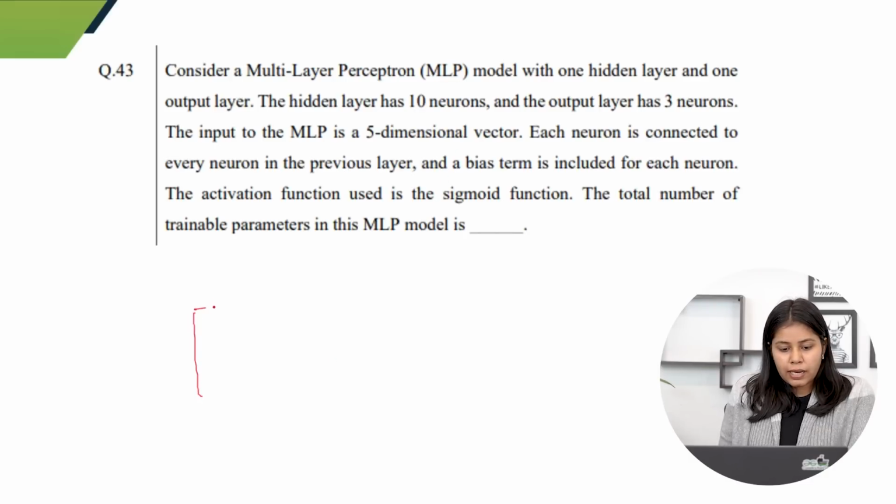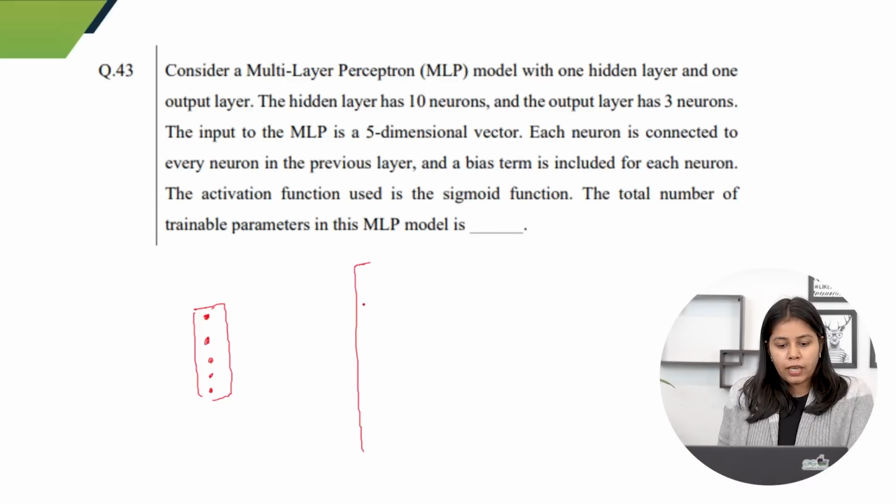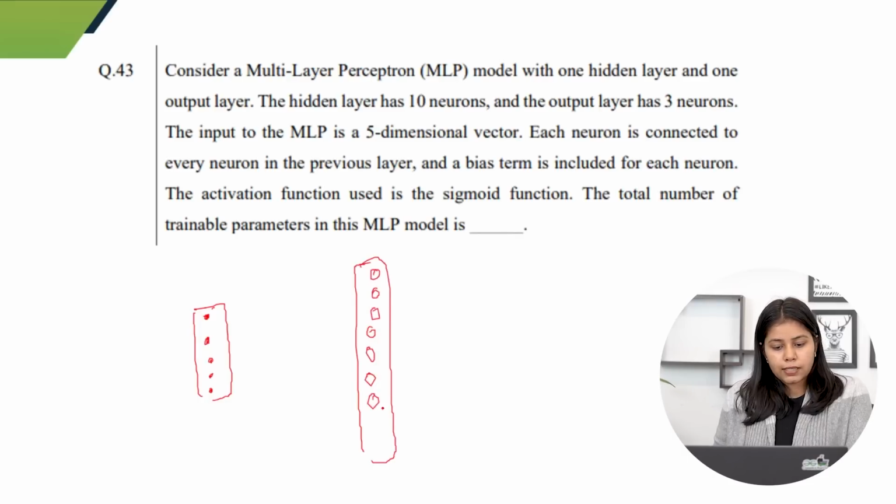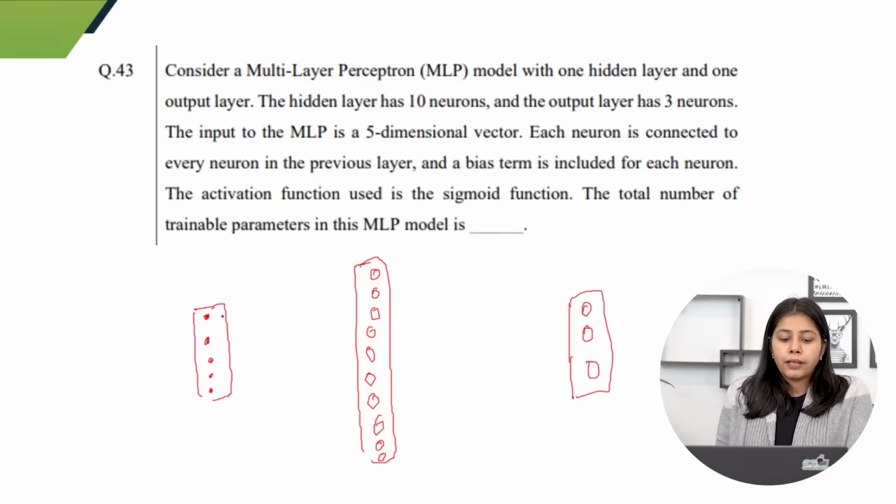So at the start we have 1, 2, 3, 4, 5, a 5-dimensional vector. Then we have a hidden layer which has 10 neurons: 1, 2, 3, 4, 5, 6, 7, 8, 9, and 10. And then we have an output layer which has 3 neurons, right? They are saying that each neuron is connected to every neuron in the previous layer and a bias term is included.